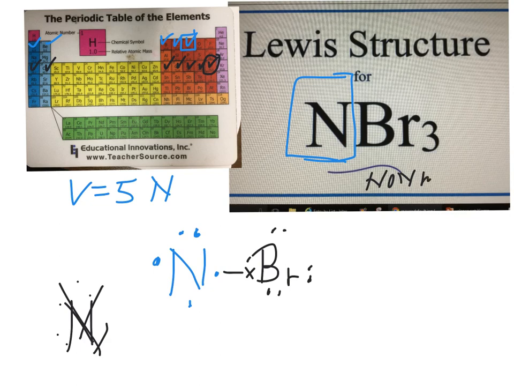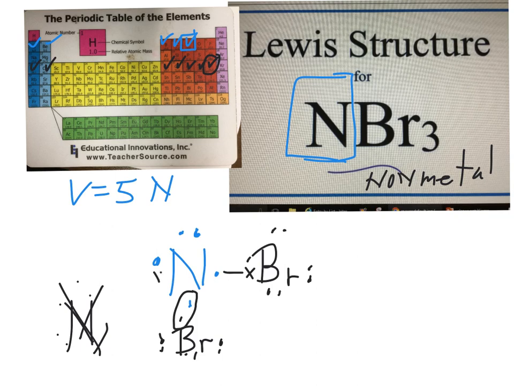Let's go ahead and add another bromine. Bromine still has 7: 1, 2, 3, 4, 5, 6, 7. And these 2 will end up sharing.